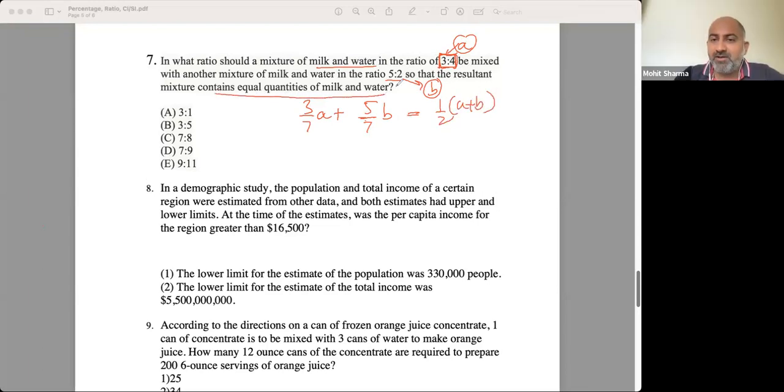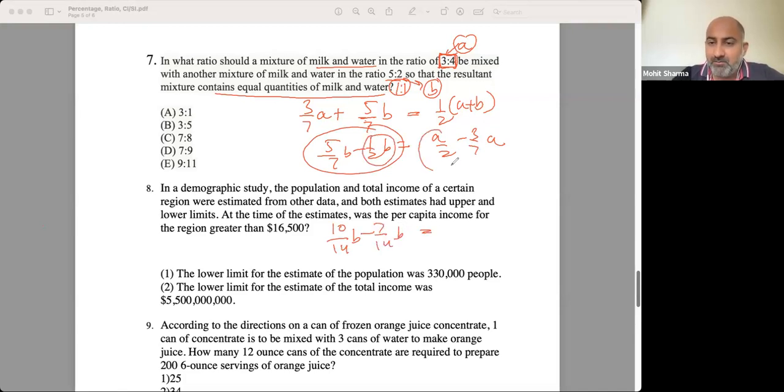Equal quantities of water and milk. I mean, the ratio is 1:1 finally. Right? So 5 by 7B minus 1 by 2B is equal to A by 2 minus 3 by 7A. Okay. So 10 by 14B, I mean, you multiply divide by 2 here, multiply divide by 7. 7 by 14B is equal to multiply divide by 7, 7A by 14 minus multiply divide by 2, 6 by 14A.